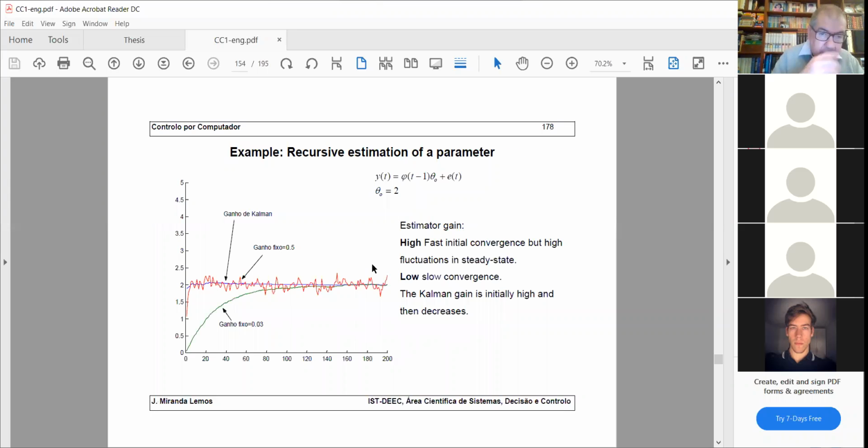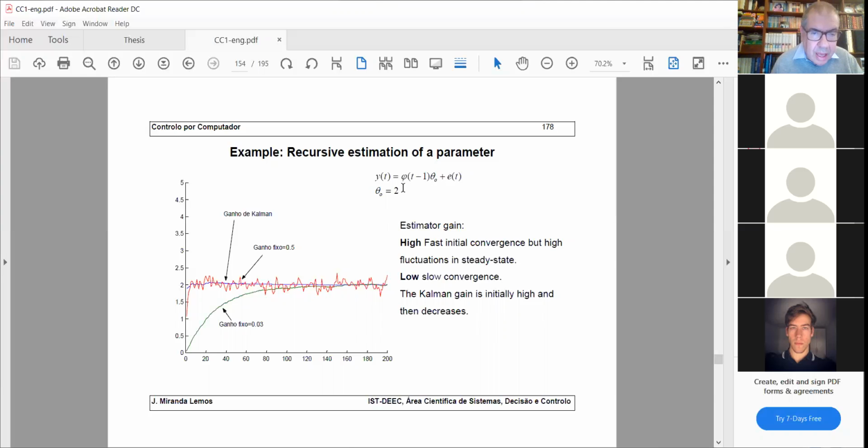Let's see a simulation. So in this simulation, my model is very simple, okay? So phi is just some signal. I think it's white noise, but it's some signal that I know. And I want to estimate this parameter, which has the value 2, and I add some noise.